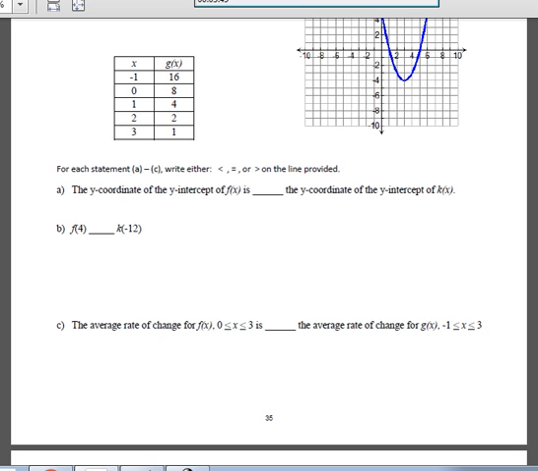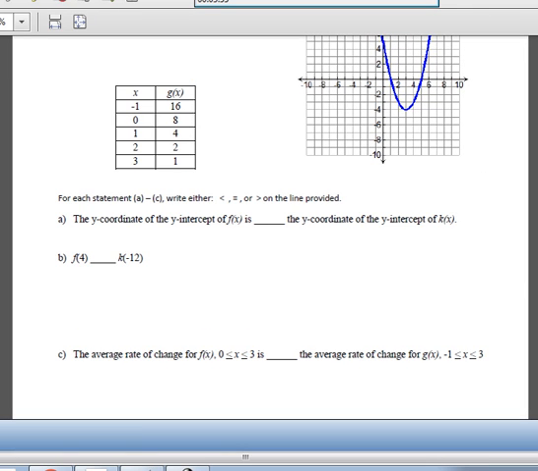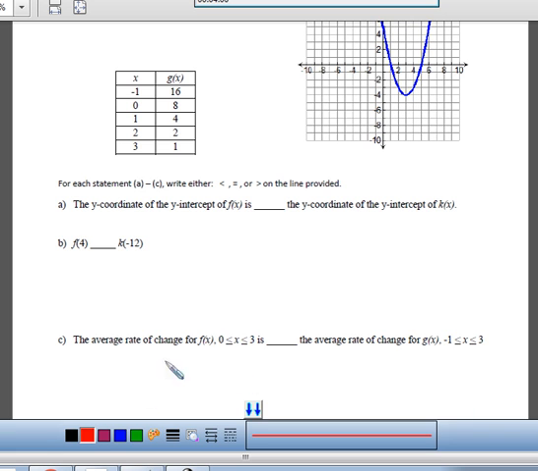That'll work. Alright, so when I look at f of x and I look at 0, that's here on the graph. And when I look at 3, that's here on the graph. So that's the points 0, 5, and 3, negative 4.